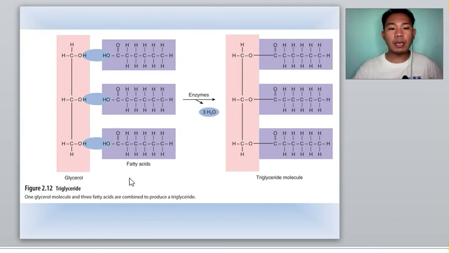Notice in this illustration, one glycerol molecule and three fatty acids are combined to produce a triglyceride molecule, in the presence, of course, of an enzyme to lower the activation energy of the reaction.